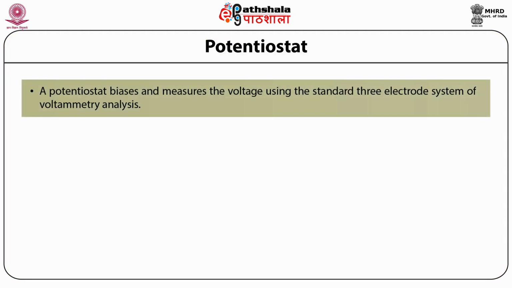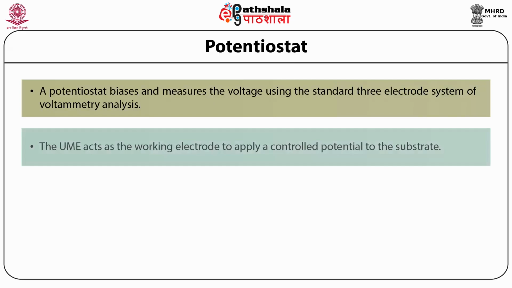A potentiostat biases and measures the voltage using the standard three-electrode system of voltammetry analysis. The UME acts as the working electrode to apply a controlled potential to the substrate.